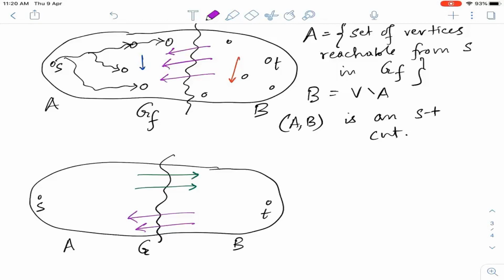Okay, now who can tell me, if I look at the flow F in this graph, what can I say about the green edges? What is the speciality of the green edges in the second picture with respect to the flow F?